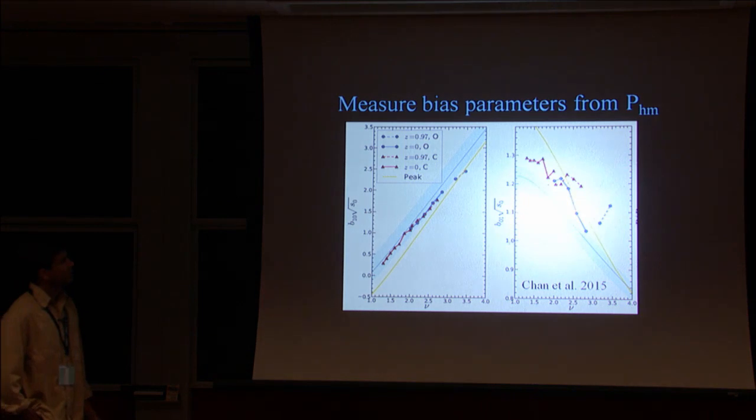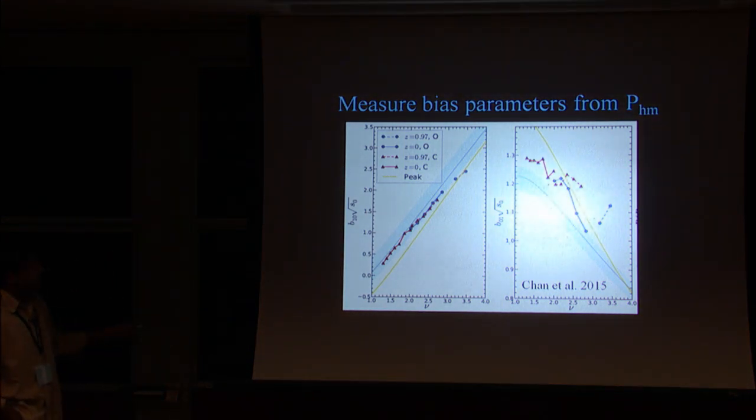And so here's the sort of thing. We measure bias as a function of halo mass. The yellow curve is showing you what the bias would have been if we were doing only spherical collapse. And the blue band is saying we think that something like the shear also matters.